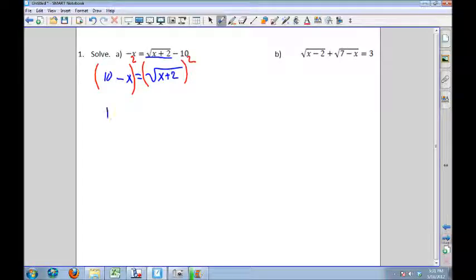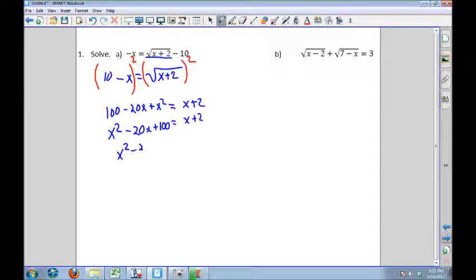Square it all out, I get 100 minus 20x plus x squared is equal to x plus 2. My square and square root cancel each other out. I'm going to make this look a little bit nicer and rewrite this side as x squared minus 20x plus 100 in standard form equals x plus 2, and then bring all my variables to the other side.